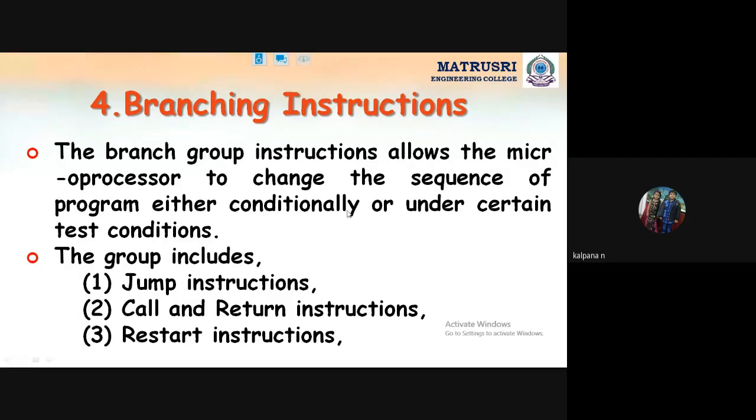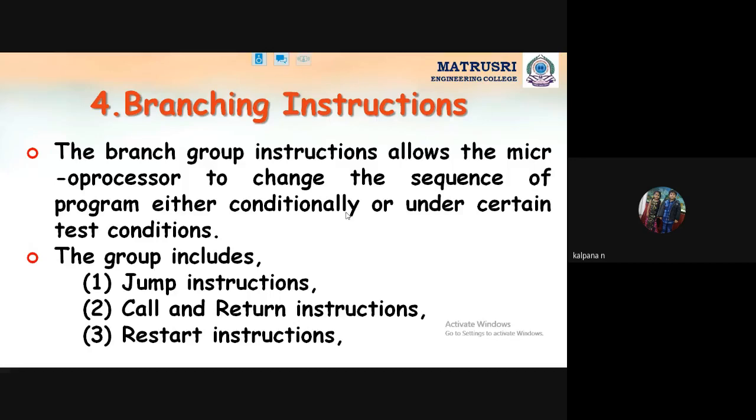Conditionally means: if x is equal to y, or x is greater than y, or x is less than y, then jump to some address location, or jump to the first instruction, or the second instruction, or to the end. Unconditionally means we just jump to some address location, say 2030.